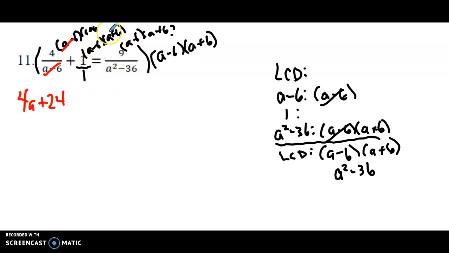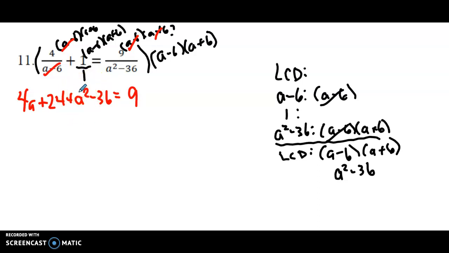For the second one, nothing will cancel, so I have to multiply all of this. The reason that I multiplied it over here is because that's what that equals. So I have to do 1 times that. It kind of saves me some time. So this is going to be plus a squared minus 36. And this one is worth the same as this, so both of those would cancel, and we're left with equaling 9.